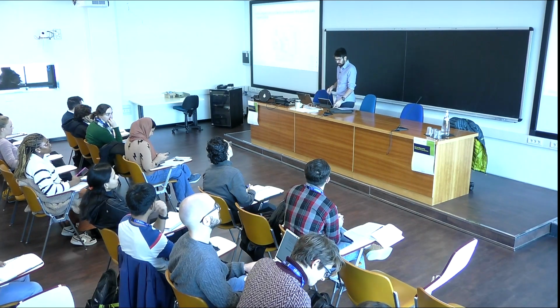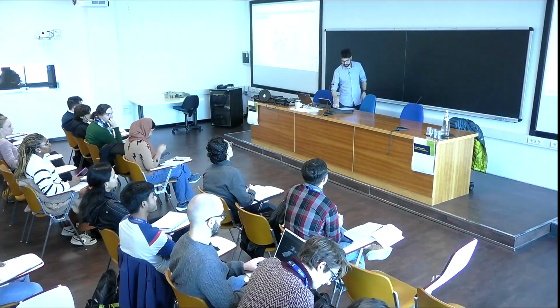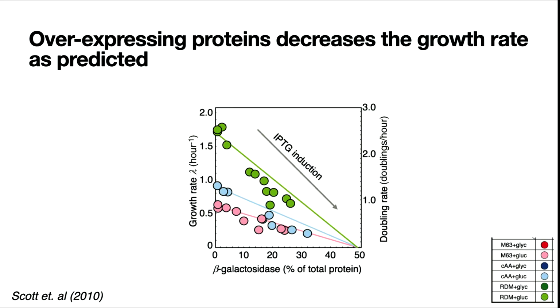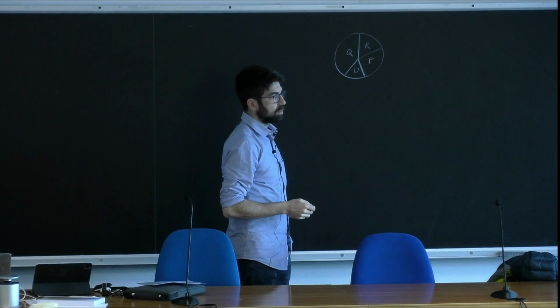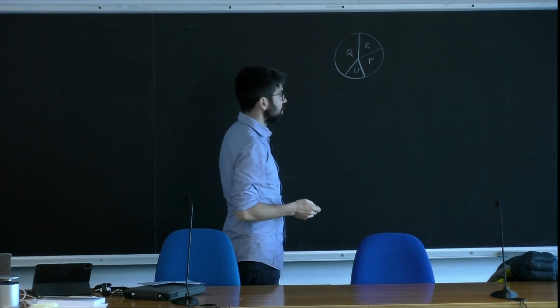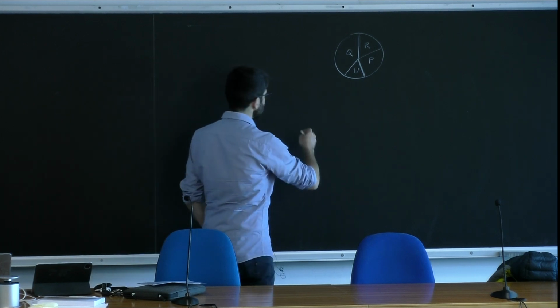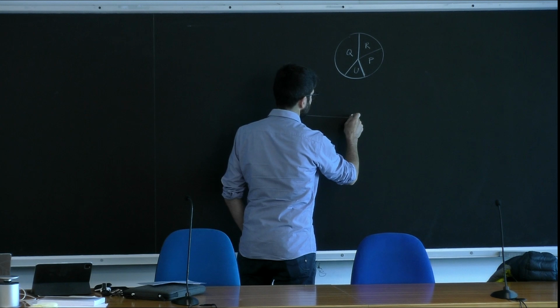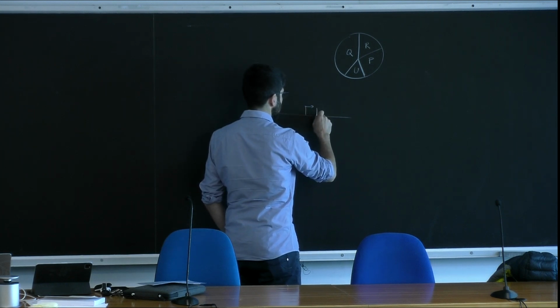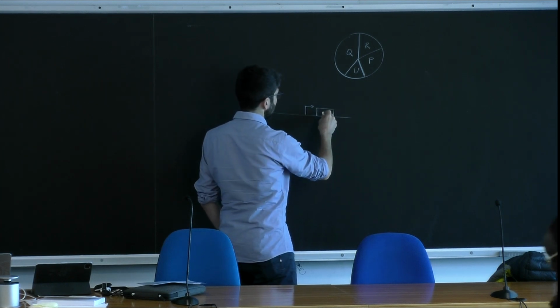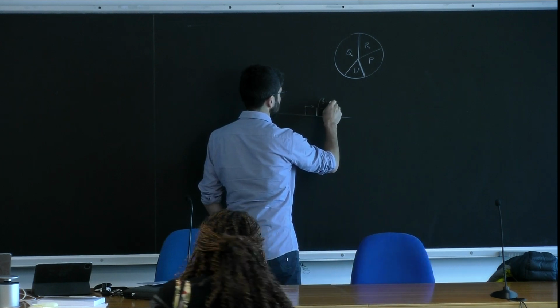So in this experiment, in a nutshell, I have to remember how it's done. But basically, you have a construct. I'm not sure it's like this, I have to check. But here you have the protein you want to express, let's say beta gal.